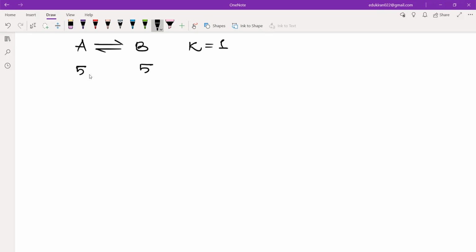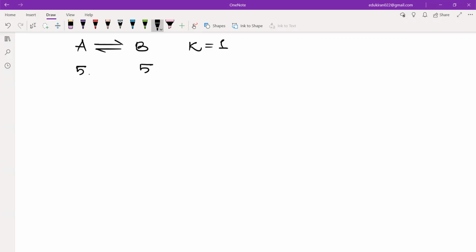Okay. Now, let us say that a human made some changes here. Two types of changes can be present. If you start with K not equal to Q, then there will be some changes made by the system itself.